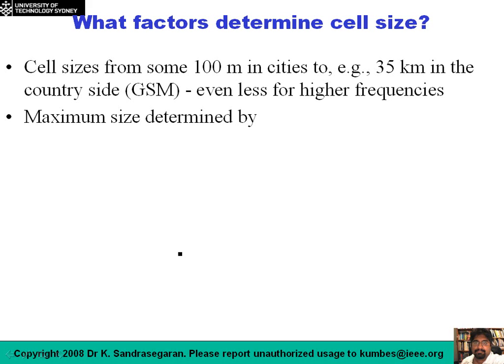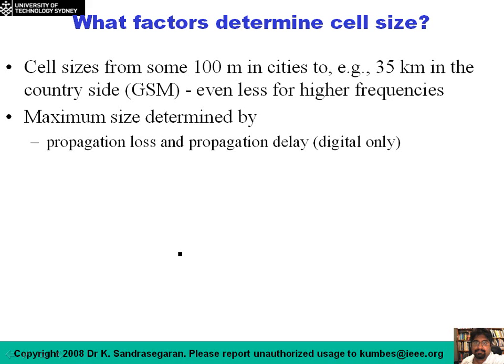So the size of a cell is essentially determined by the propagation loss and also the propagation delay. Propagation loss, because if you're transmitting at a certain power, after you go a certain distance the received signal will become weak and it might not be understandable by the mobile phone.